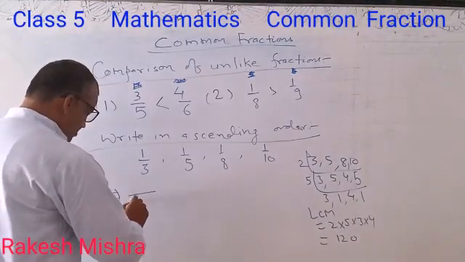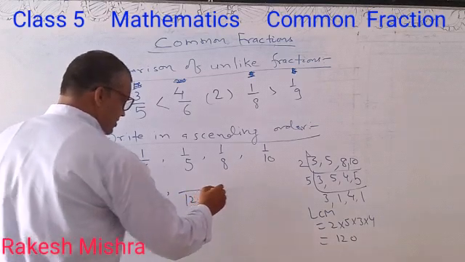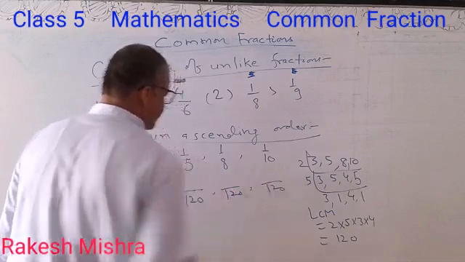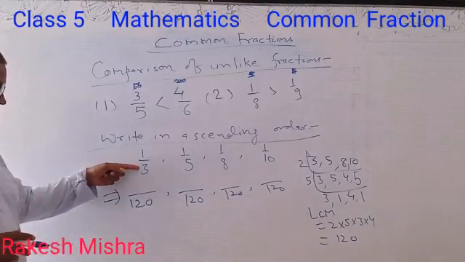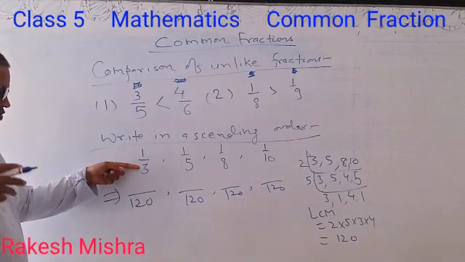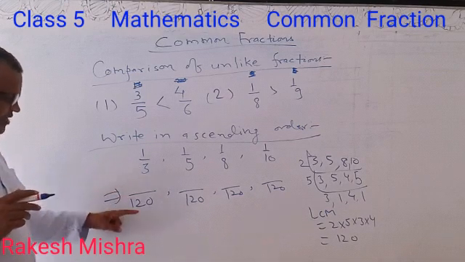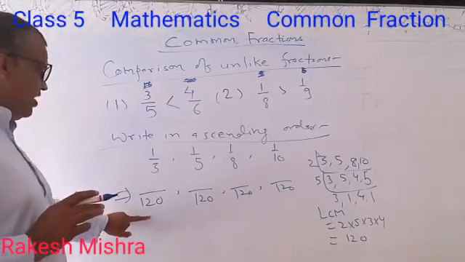Now we write here 120, here 120, here 120, here 120. Now 3. With which number should we multiply to get 120? Clear? 3 40s are 120.